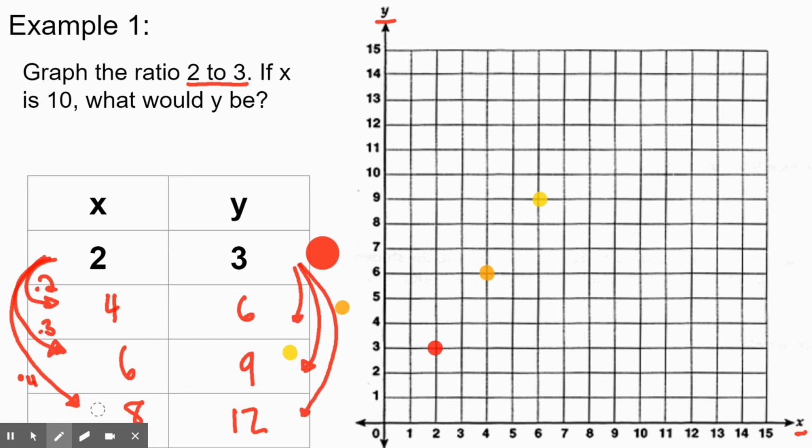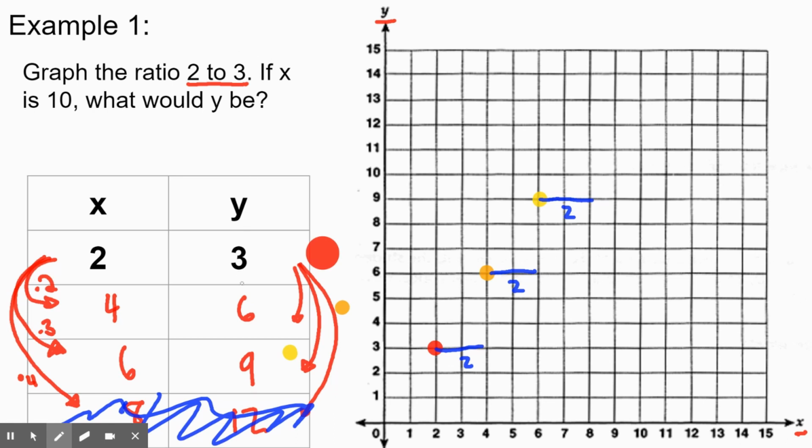And before we plot the last one, I just want to point out one thing. Our original ratio, you'll remember, was 2 to 3. If we look at our x direction, every point is a distance of 2 from the previous one. That means without even looking at what our last ratio should be, we should know that it should be over by 2.